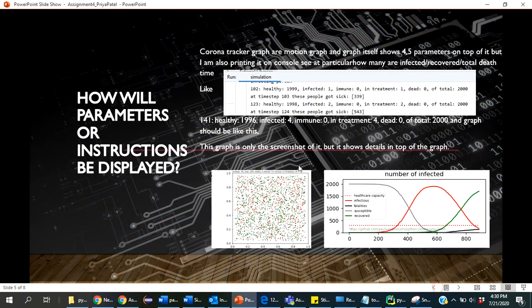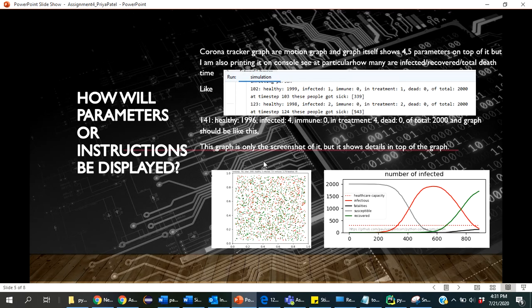That something is the instruction. I also printed that information in my simulation console. Here you can see that at a particular time, 102 are healthy, some are infected, some immune, some in treatment, some dead. So the total number of people who get sick is on this timeline. I'm also printing that in the console, and you can see it from there as well.